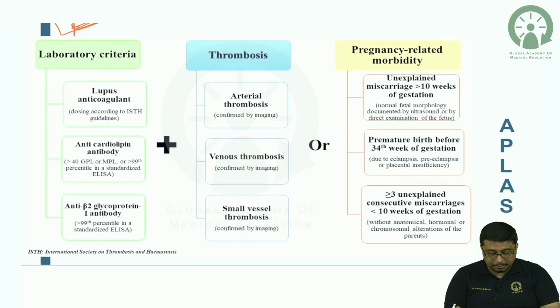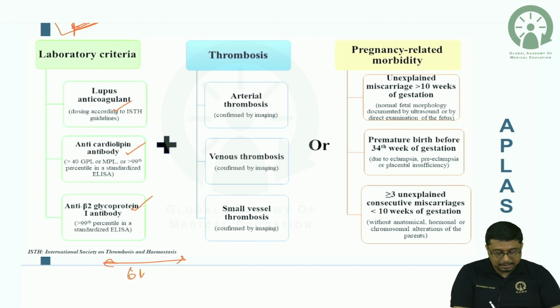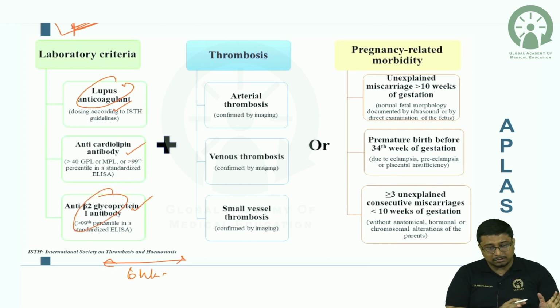Okay. So this is again the criteria for APLA or antiphospholipid syndrome. This is something you should know. In the laboratory criteria, lupus anticoagulant or anticardiolipin antibody or anti-beta-2-GP should be positive on 2 occasions, 6 weeks apart, and the same one has to be positive. Like, if lupus was positive 6 weeks back and now lupus is negative but beta-2-GP is positive, that is no. The same one has to be positive twice, plus there should be evidence of thrombosis anywhere in the body, or this pregnancy related morbidity.